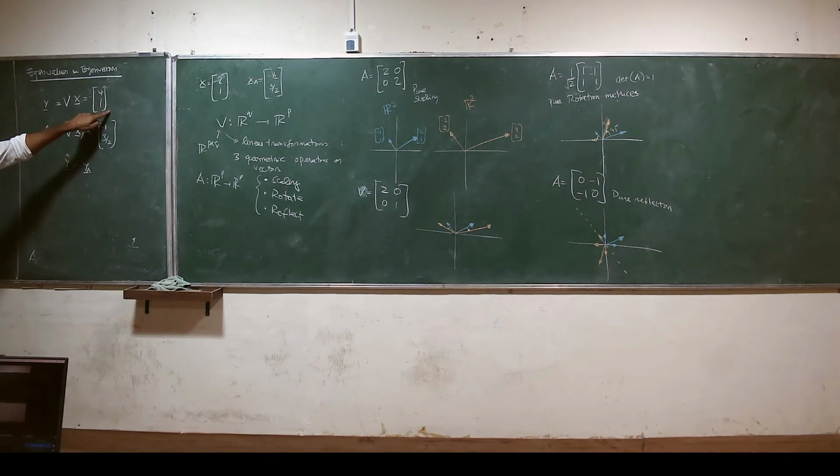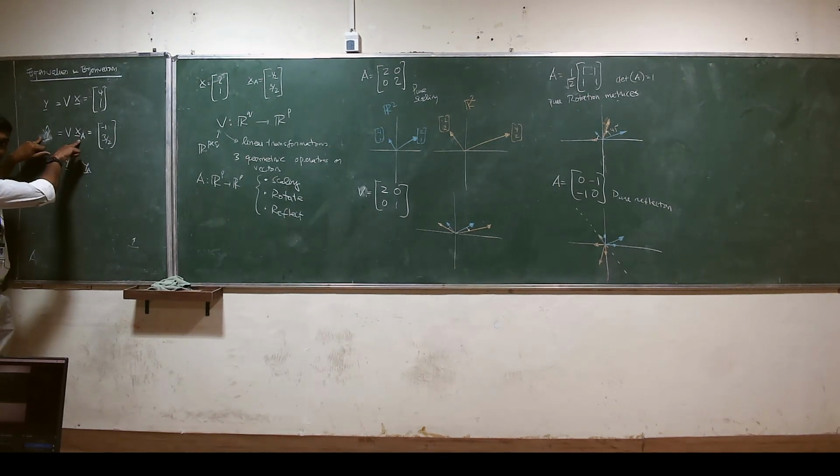This is why we want to verify: if I take the representation of X in the standard basis and perform this linear transformation, I get some vector. If I take the representation of this vector X in the A basis and perform the same linear transformation, I should get a vector which is essentially the representation of this vector in the A basis, because I started with the representation of the vector in the A basis.